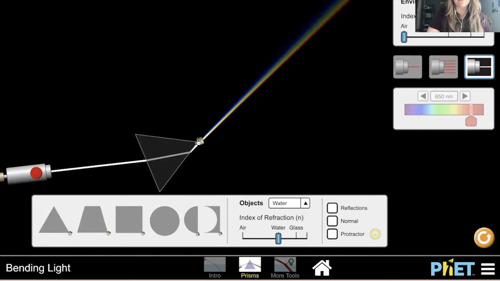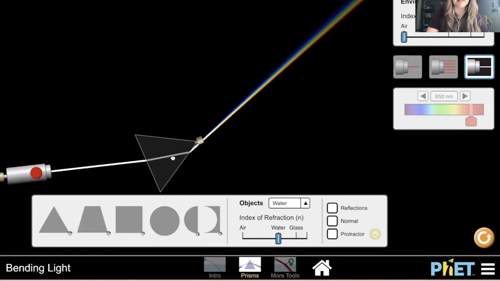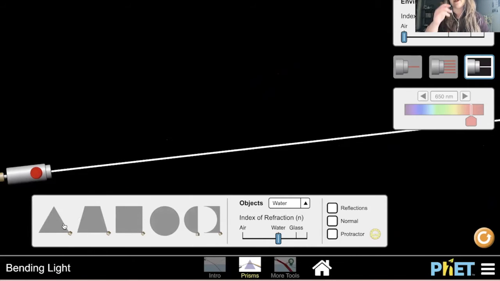So you'll see how things can be bent or reflected in different mediums, which we consider things that are different. So air will reflect and bend light differently than if it were going through water or glass. So that is something really cool to see.